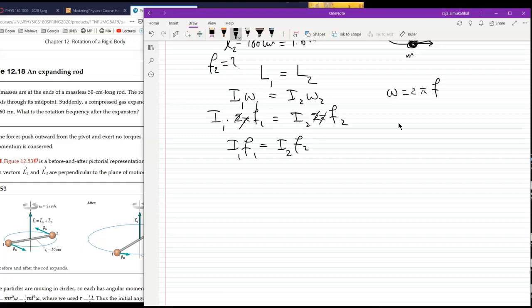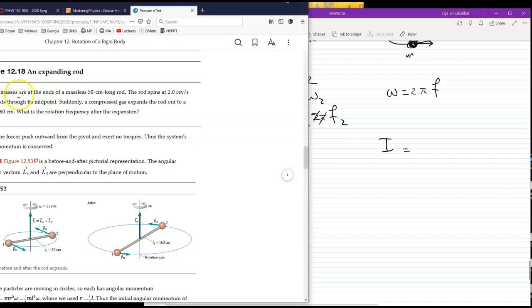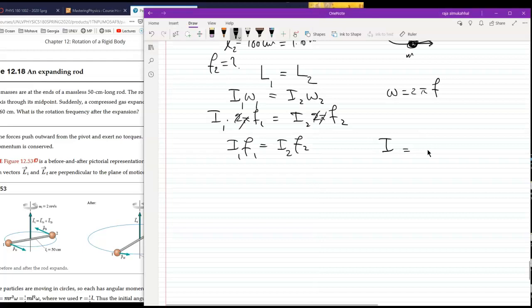The only thing left here is, what is I1? Well, what is I in this case? He says in the problem, pay attention here, two equal masses are at the ends of a massless rod. That means don't take the moment of inertia of the rod into consideration, only the masses. You see what I'm saying? So what is the moment of inertia of a point mass? It is mr squared, for any point mass.